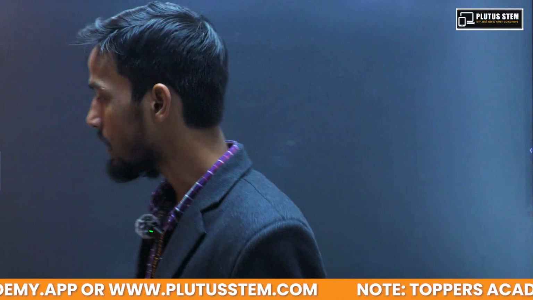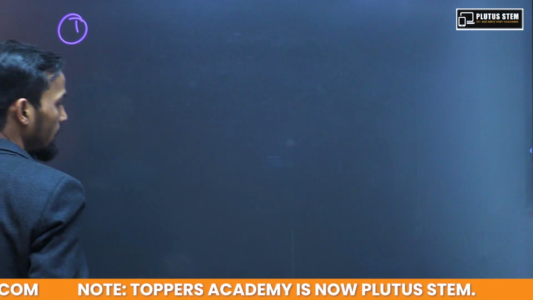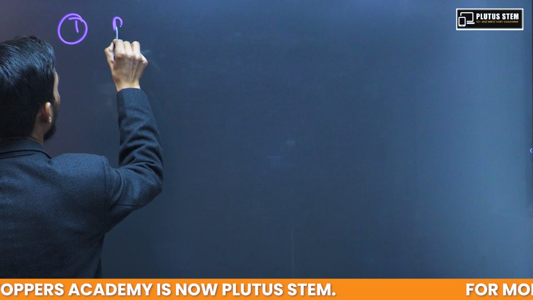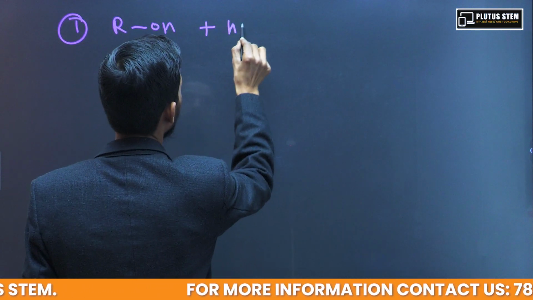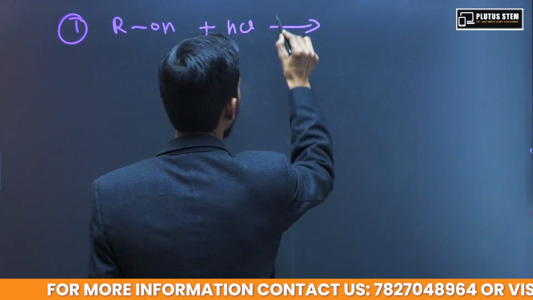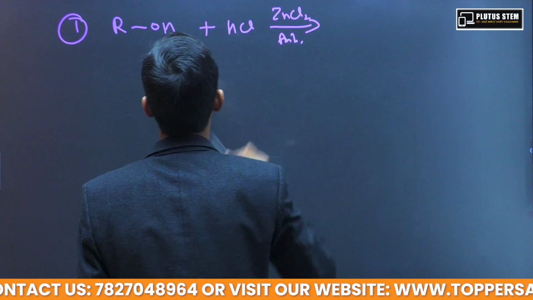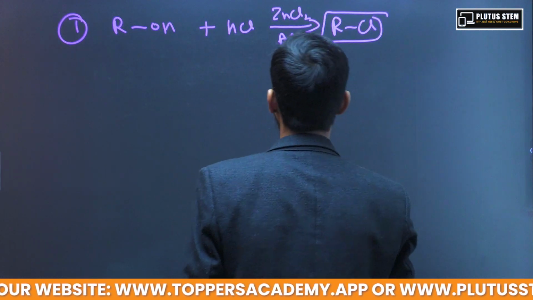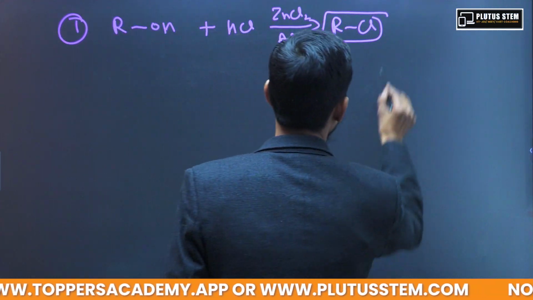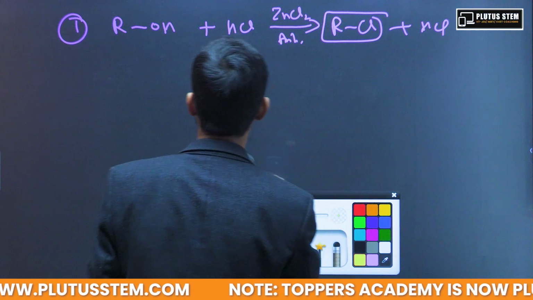Now if we want to summarize whatever I have told you in today's lecture, the first thing we discussed was ROH when reacted with HCl in presence of anhydrous ZnCl2, we are going to get RCl plus water. This is also a Lucas reagent.